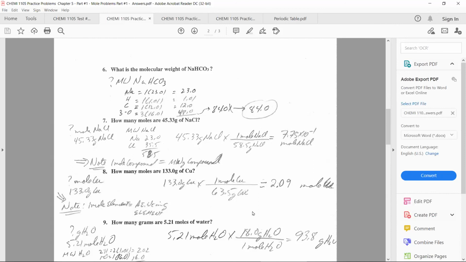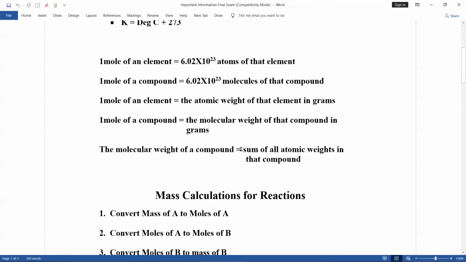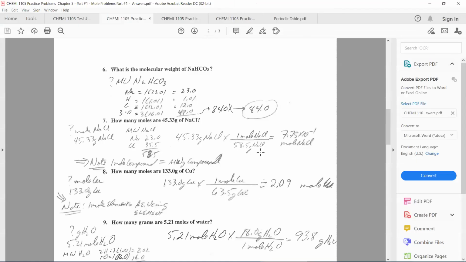And if you look at important information, final exam, 1 mole of a compound equals the molecular weight of that compound in grams. And the molecular weight, as we just found out, is the sum of all atomic weights. So therefore, what's the molecular weight of sodium chloride? Well, it's the sum of the atomic weights.